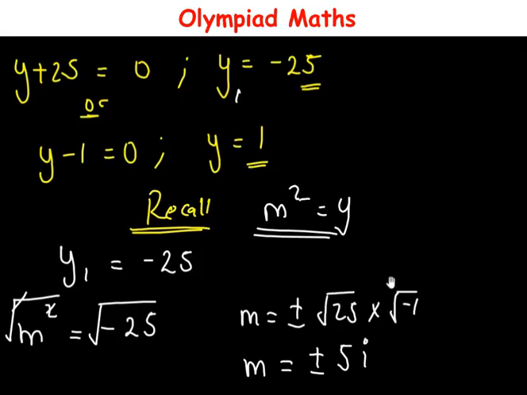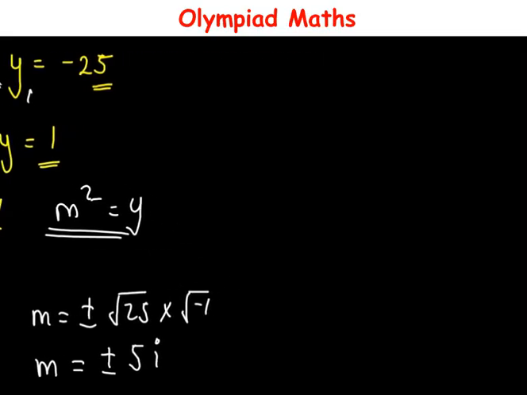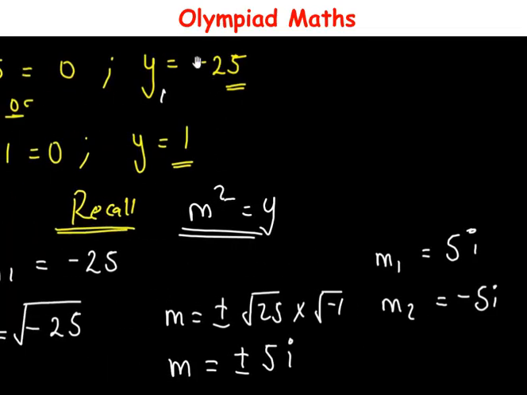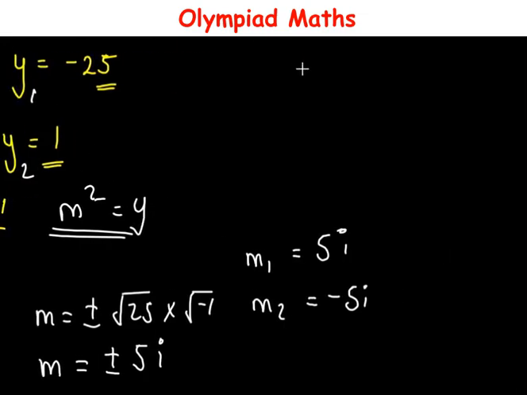With this, we have two solutions for the value of m. m1 is equal to plus 5i, m2 is equal to minus 5i. Now these are the two values of m for the first solution of y equal to minus 25. What of the second solution of y, which equals 1? So right here y2 is equal to 1.